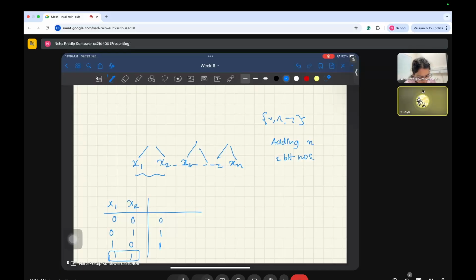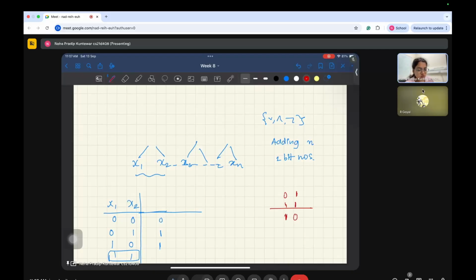So if we have both ones, how to know that, whether both the values have become equal to 1? What do we do in binary? We write a 0 here, carry forward the 1, and write it here.